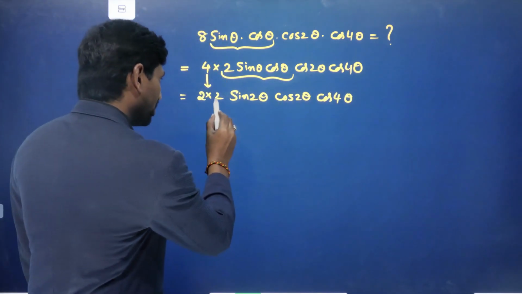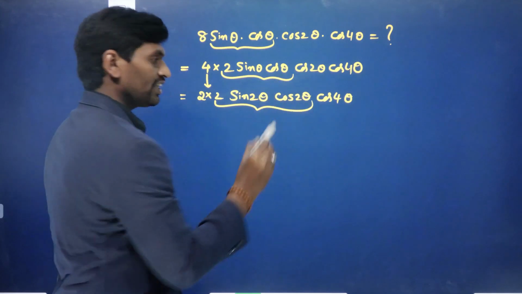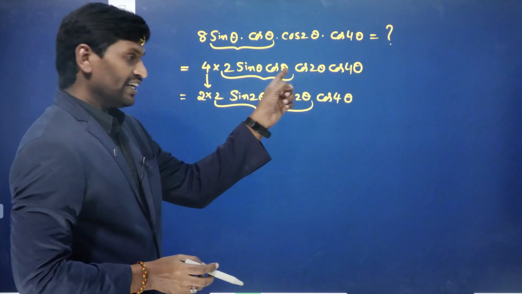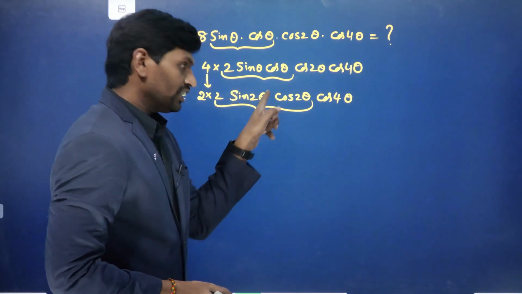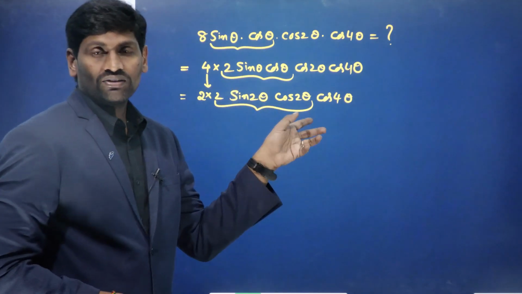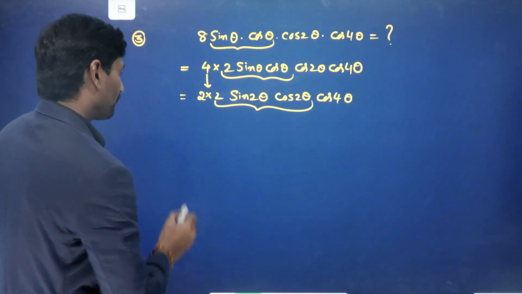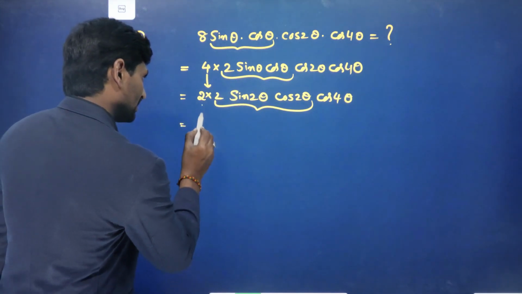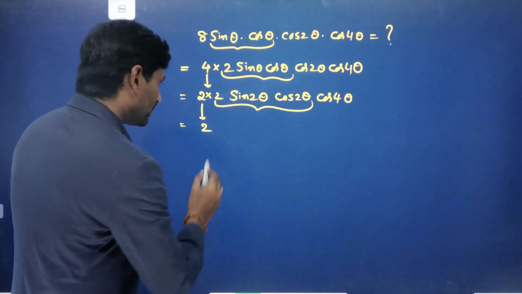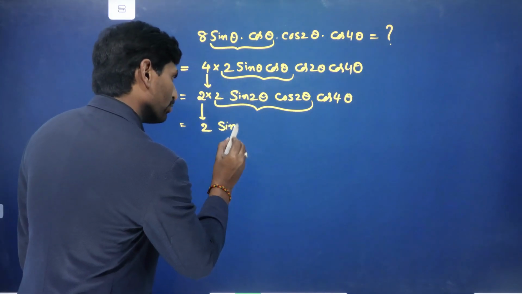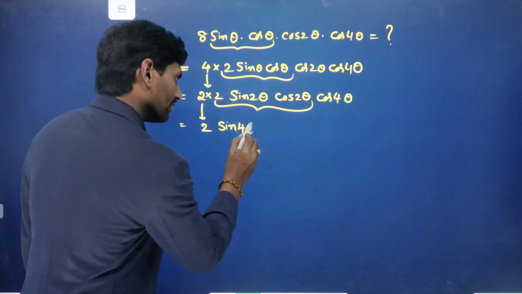Now here onwards, 2 sin 2 theta cos 2 theta. Here sin theta cos theta means the formula sin 2 theta came. Sin 2 theta cos 2 theta is nothing but the formula of sin 4 theta. So this 2 is as it is. In the place of 2 sin 2 theta cos 2 theta, we can write sin 2 into 2 theta, nothing but 4 theta.